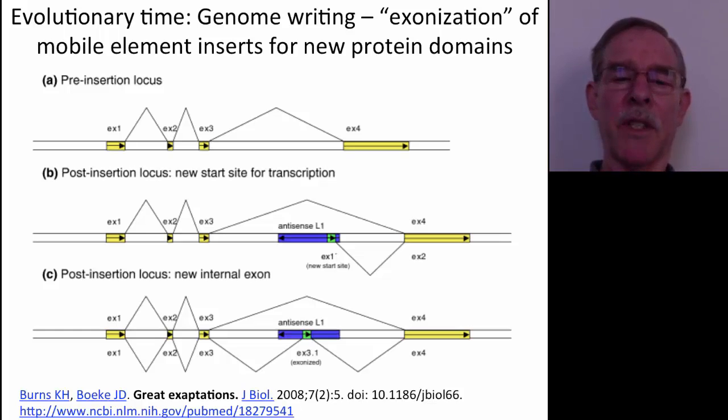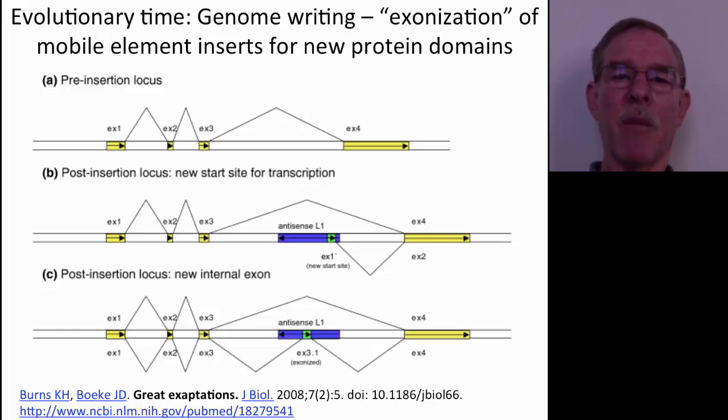And what we see in C is that these inserted mobile elements contain both splice donor and splice acceptor sites, so that a segment of the inserted mobile element can become an exon, which is now included as a 5th exon in a new spliced messenger RNA, and thereby give rise to a new protein coding sequence.